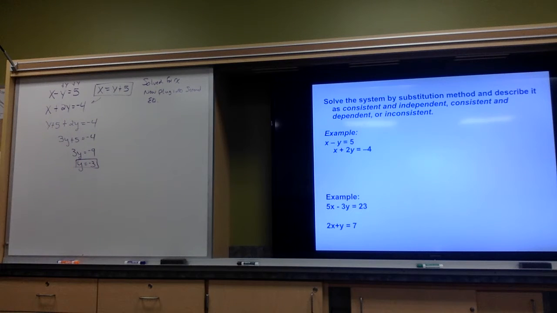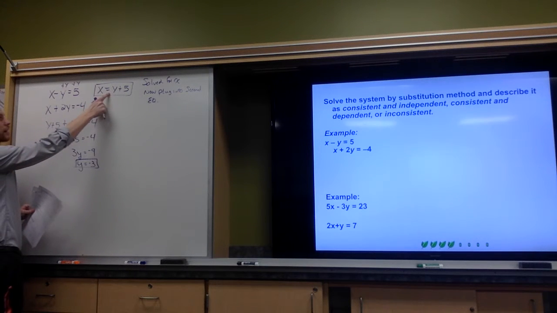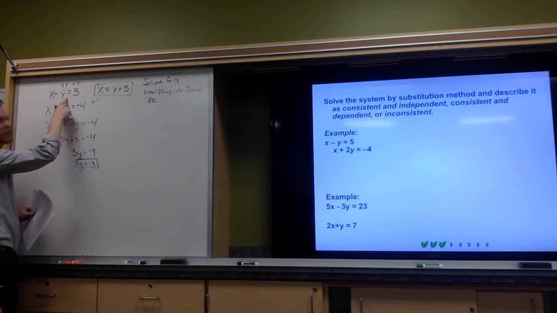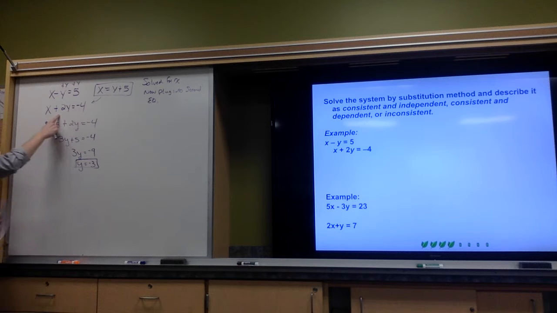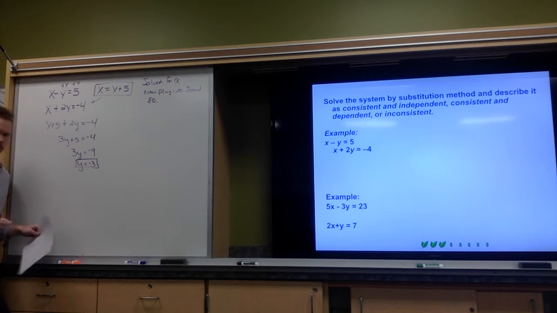Now, here's the deal. I'm not done. Remember, the solution to this is a point. It's an xy point. It's where they intersect. So I have to take this and plug it back in. Some people ask, which equation do I plug it into? It doesn't matter. I could plug it into this one, which is the same thing as this, I just rearranged it. Because remember, this y value works for both of them.